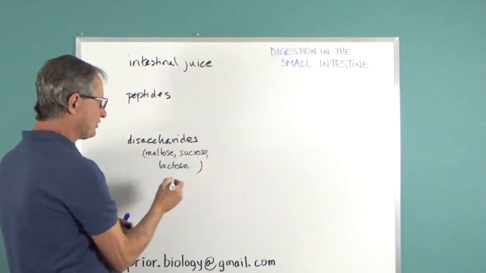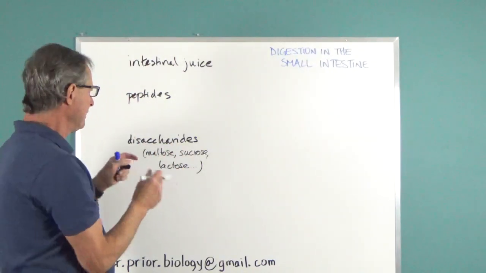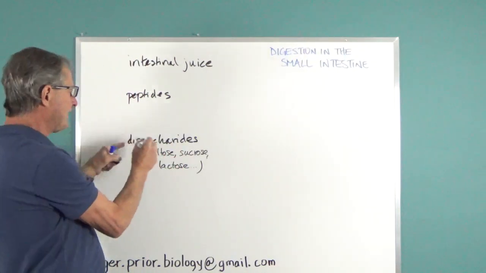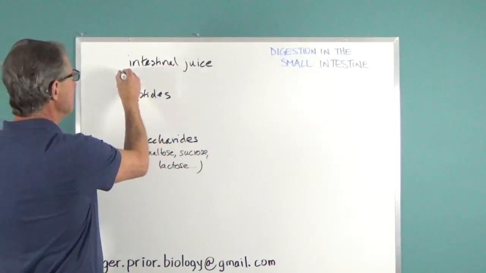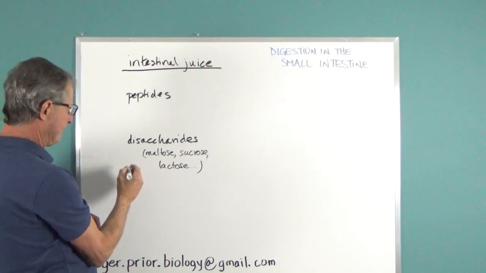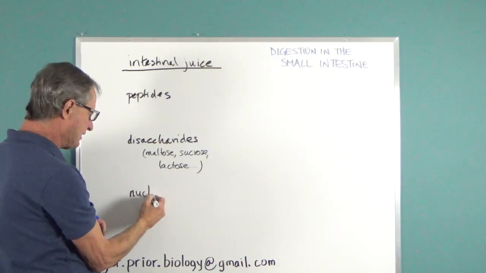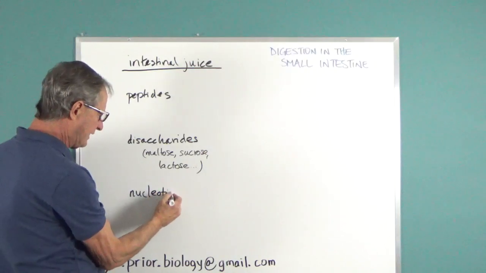Those are disaccharides as well. Sucrose, lactose, they get all the way through the digestive system. They're not digested at all until they encounter disaccharidases in the intestinal juice. The other component of food that isn't completely digested yet are the nucleotides.